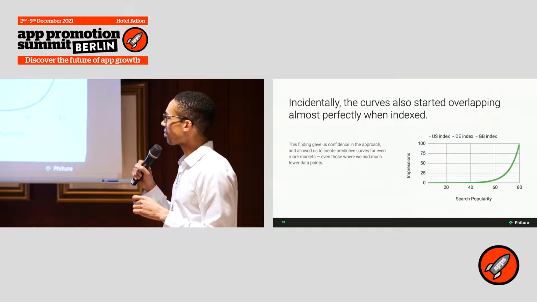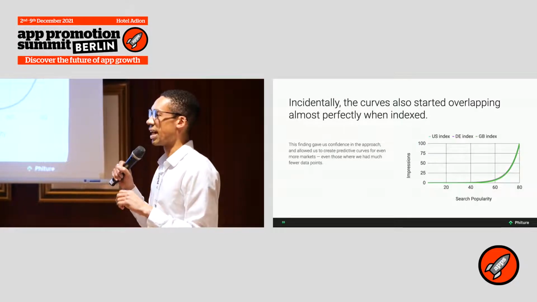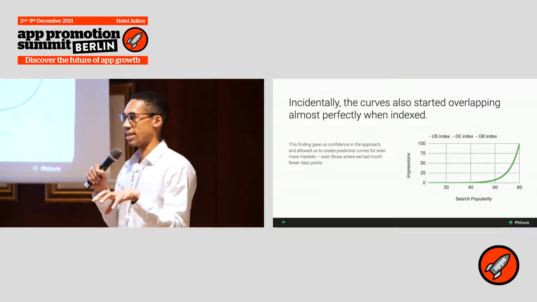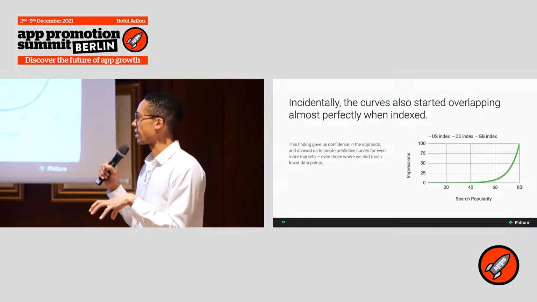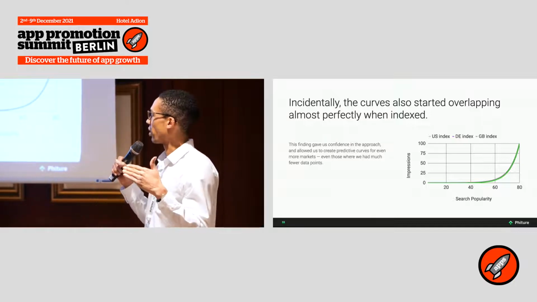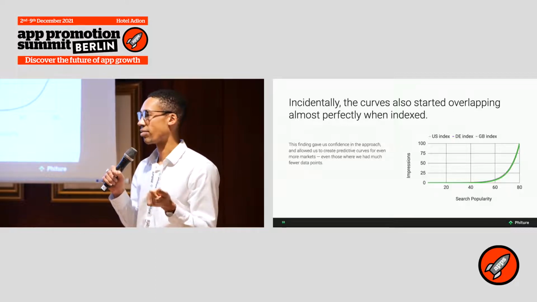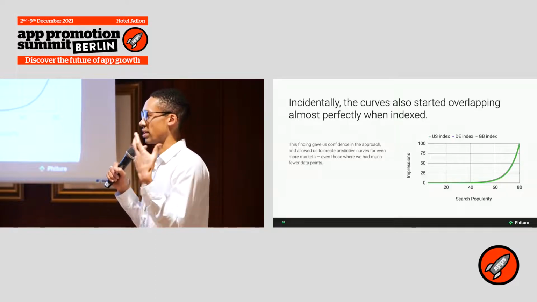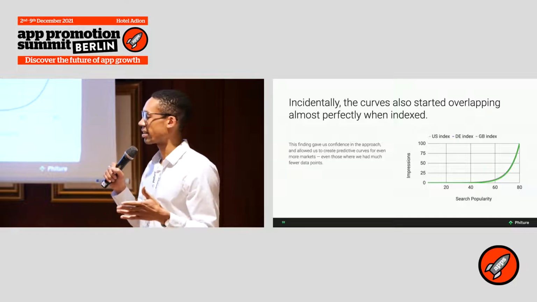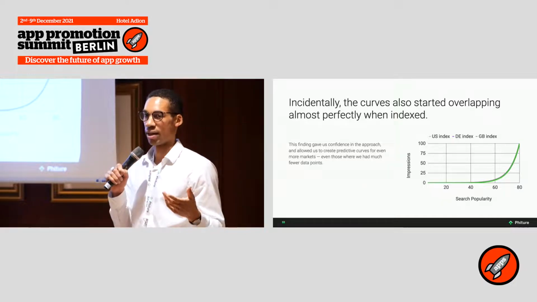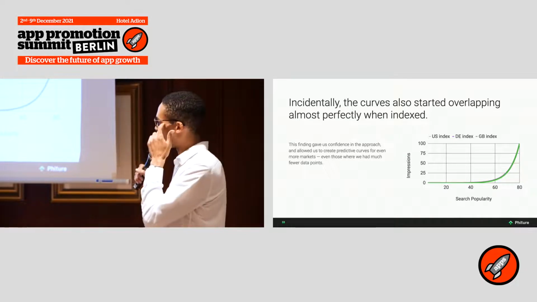What was interesting was that when we indexed the curves in each of the markets to 100%, we found that they were nearly perfectly overlapping. What this means is that we have confidence in our approach, that it's producing consistent results by market, which enabled us to feel confident about running this analysis in multiple markets.